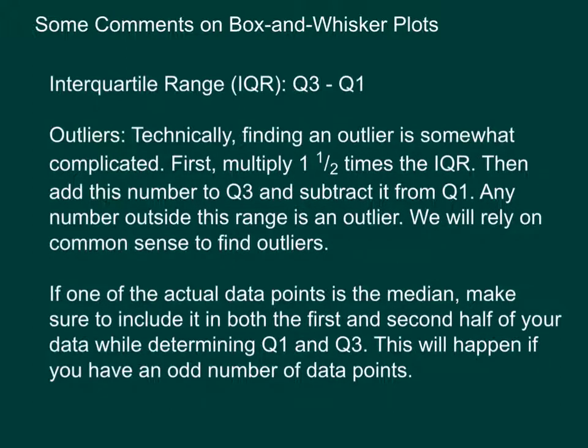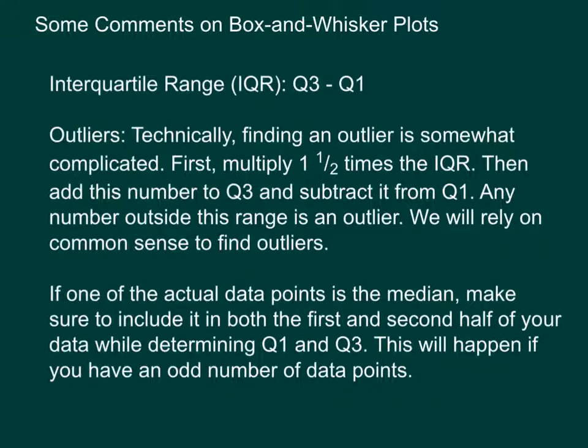We had talked before about outliers, and technically finding an outlier is a little bit complicated. You would first calculate the IQR and then multiply it by 1.5 or 1 1/2. Then we add that number to Q3 and we subtract it from Q1 separately.